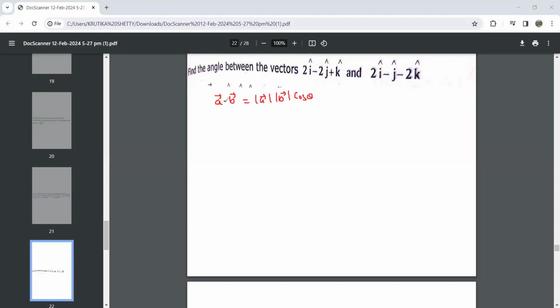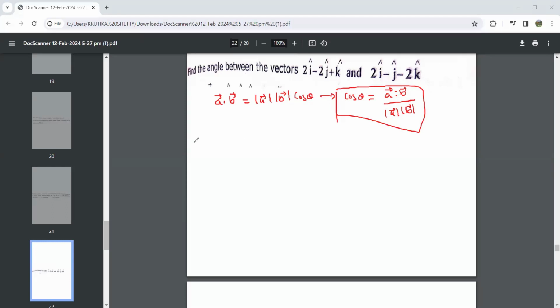From the same formula we can get the angle between two vectors: cos theta is equal to vector A dot vector B divided by mod of vector A into mod of vector B. Here we will consider this formula and try to calculate the angle between the two given vectors.